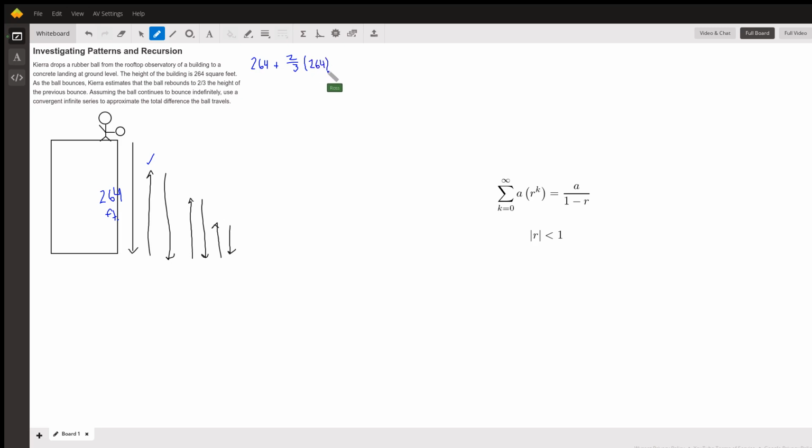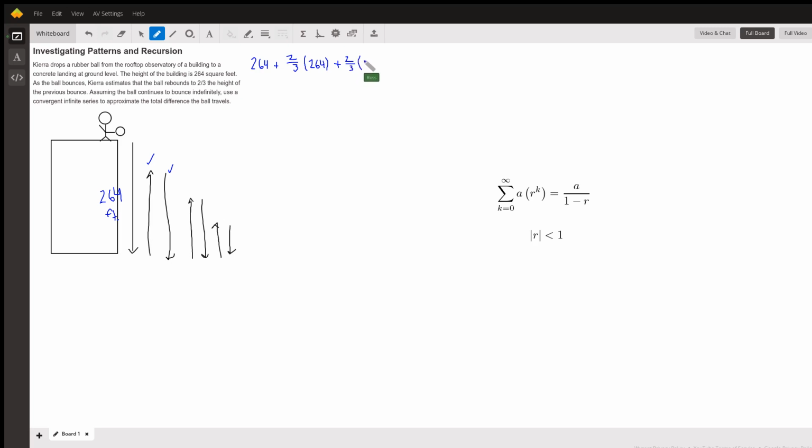Now, I am on purpose not evaluating that, because in these series problems, often you're going to try and find a pattern with these different fractions that you're seeing. So I do not care what 2/3 of 264 is. I don't want to know. Not yet, at least. And then for this next down arrow, it's actually going to be that exact same thing. So 2/3 of 264 again gets the ball back to the ground.